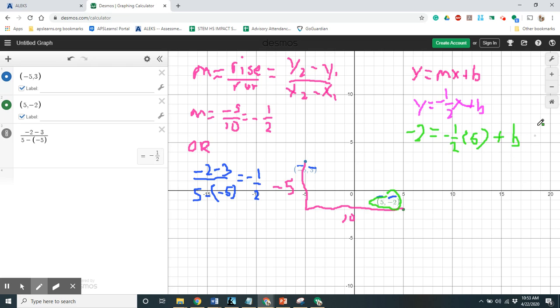And have to use algebra to find b. So our first step for the algebra is to multiply negative 1 half times 5. So negative 1 half times 5, put it in fraction mode, is negative 5 halves.